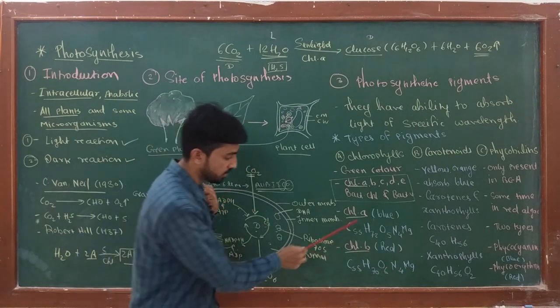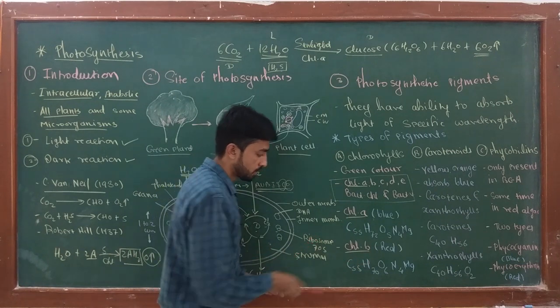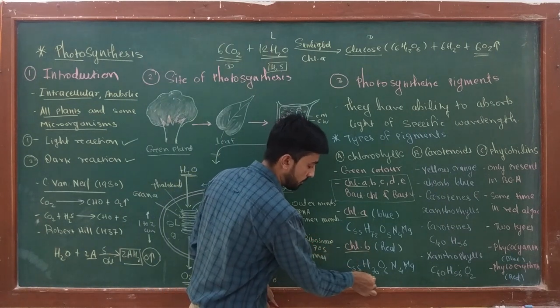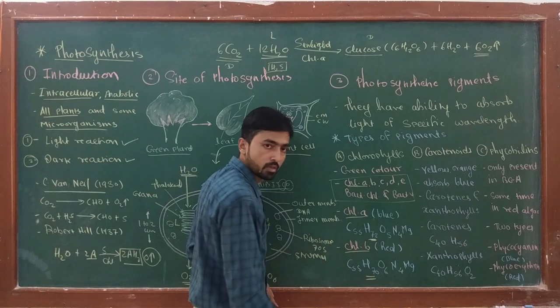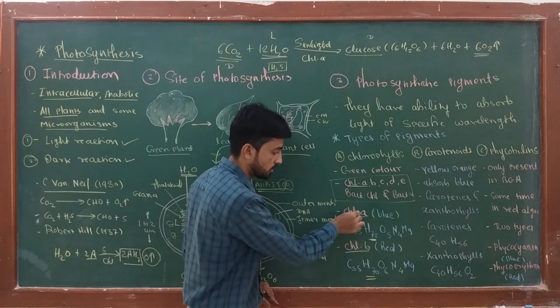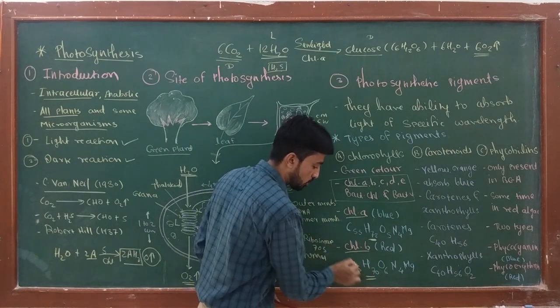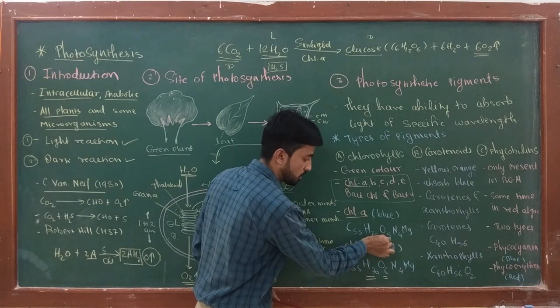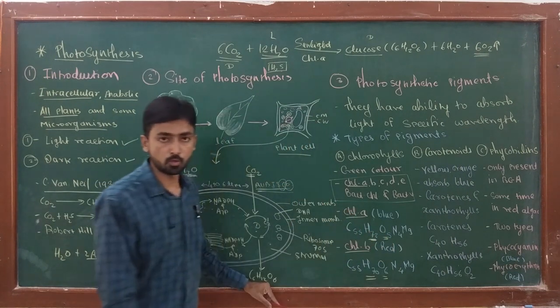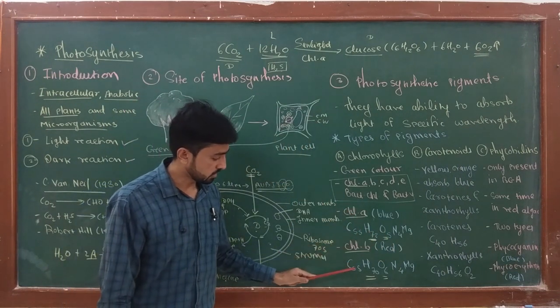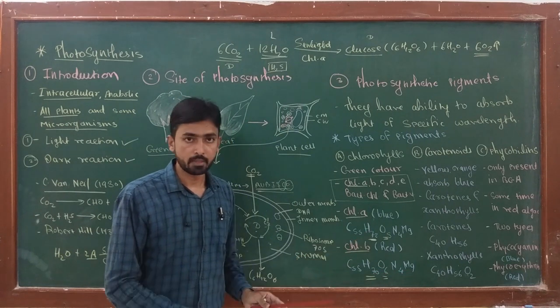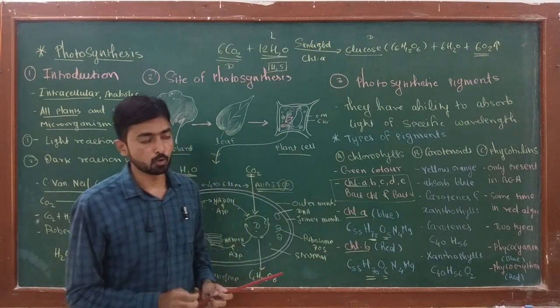If you compare both, you can find chlorophyll B has 70 hydrogen instead of 72 which is present in chlorophyll A, while chlorophyll B has 6 oxygen instead of 5 which is present in chlorophyll A. All other atoms are similar in both types of chlorophyll molecules.